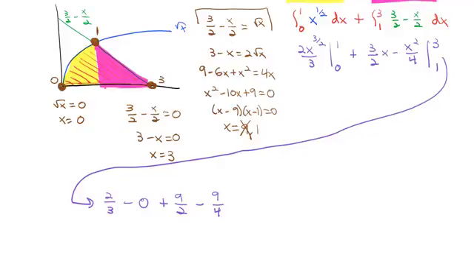And then we'll subtract, plugging the 1 in, which gives us minus 3/2 plus 1/4. And so we have 2/3 minus 0 plus 9/2 minus 9/4 minus 3/2 plus 1/4. Plugging that into our calculator, we get a total area of 5/3.